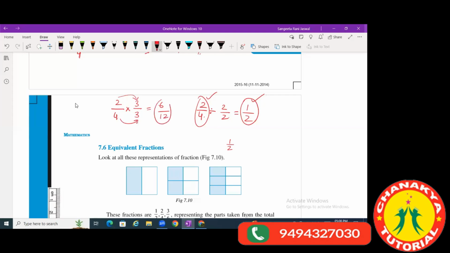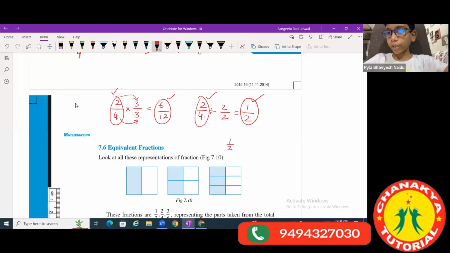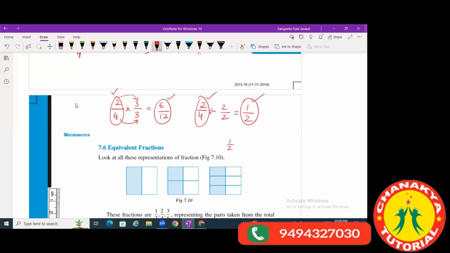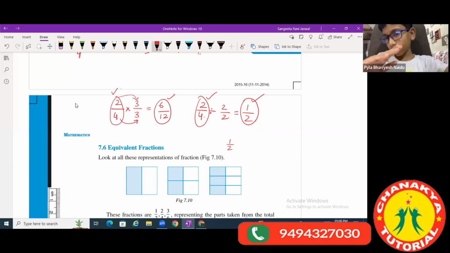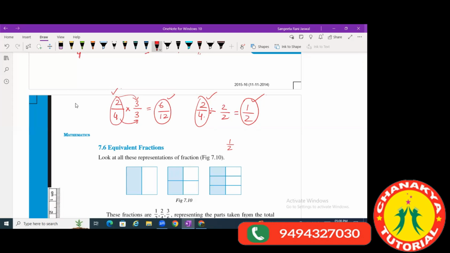So 6 by 12 is an equivalent fraction of 2 by 4. It means if we divide 6 by 12 by 3 by 3, we get 2 by 4. Whatever number we divide with or multiply with, we get an equivalent fraction.